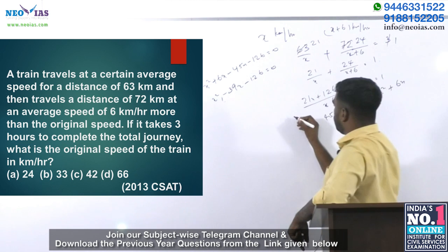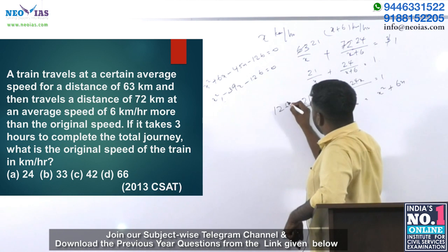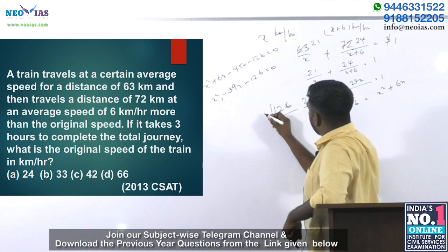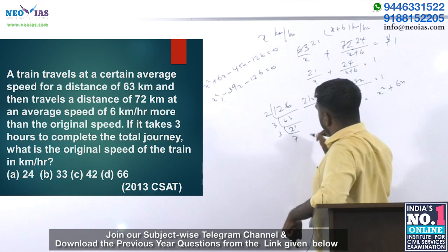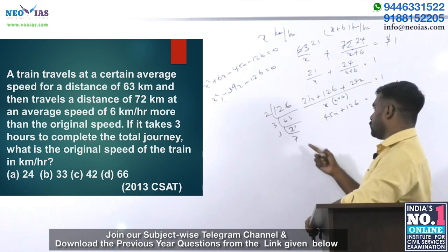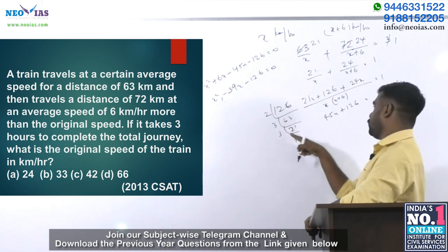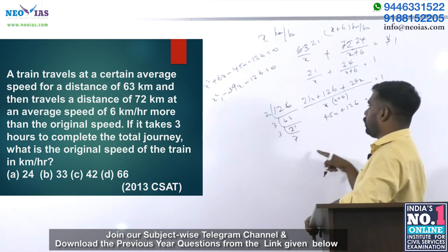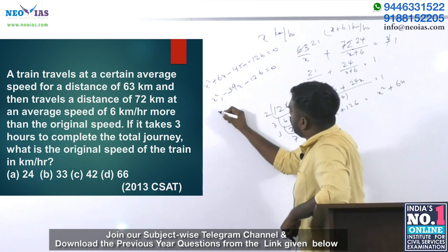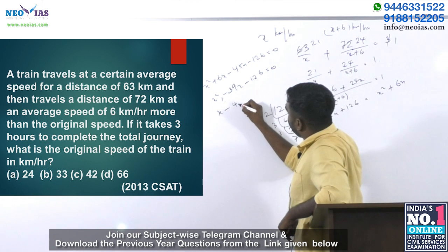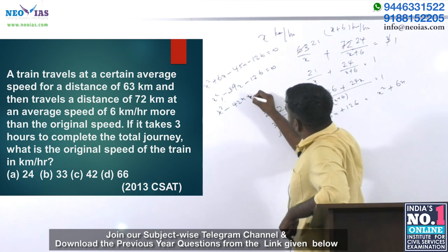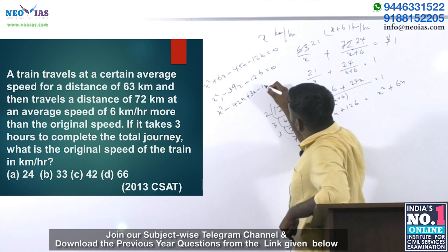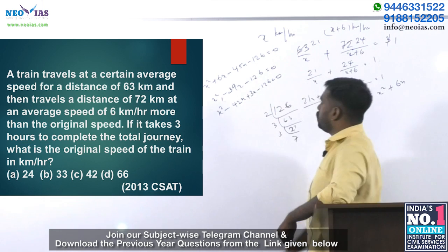So how can we factorize? How do you know the factors of 126? 2, 63, 3, 21, 3, 7, right? So the difference is 3 into 7, 21 into 42 and 3. So we will solve it as x square minus 42x plus 3x minus 126 equal to 0, right?